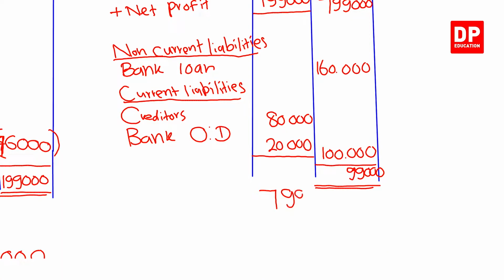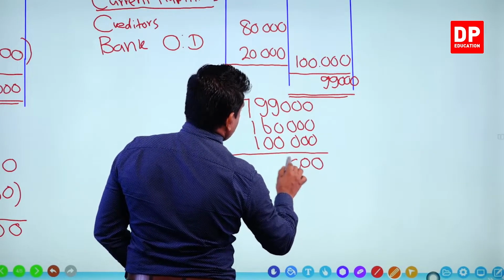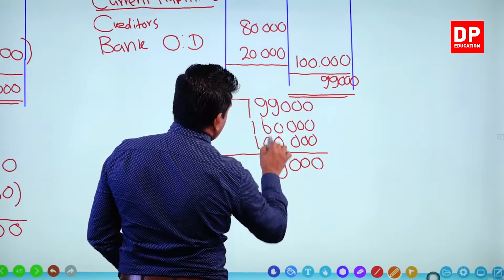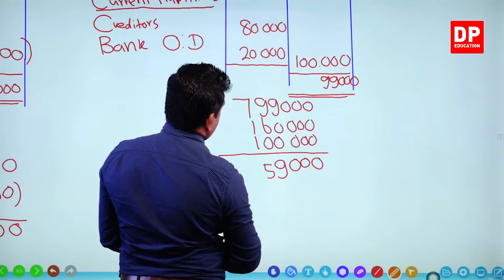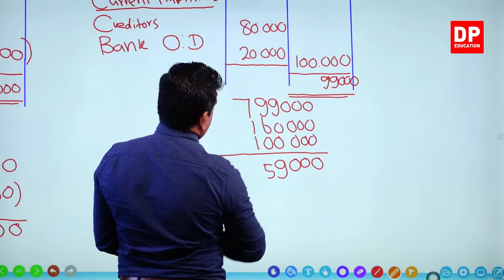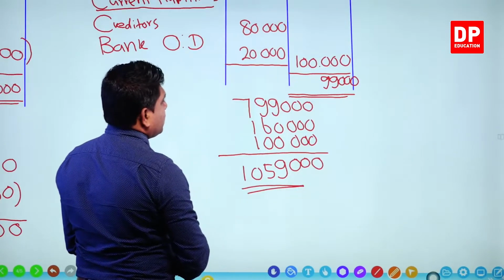$799,000, 160,000, 100,000. Zero, zero, zero, 9. $1,059,000, right?